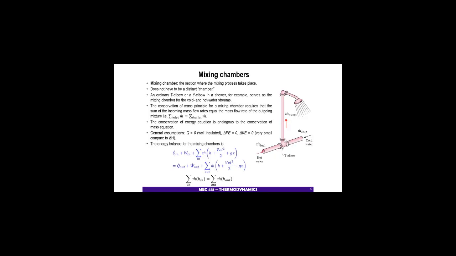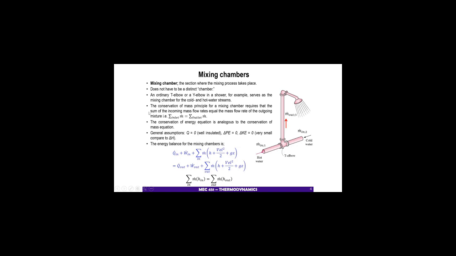Mixing chamber. The mixing chamber is the section where the mixing process takes place. A mixing chamber does not have to be a distinct chamber. It can be only an ordinary T elbow or Y elbow in a shower, for example, which serves as the mixing chamber for the cold and hot water streams.